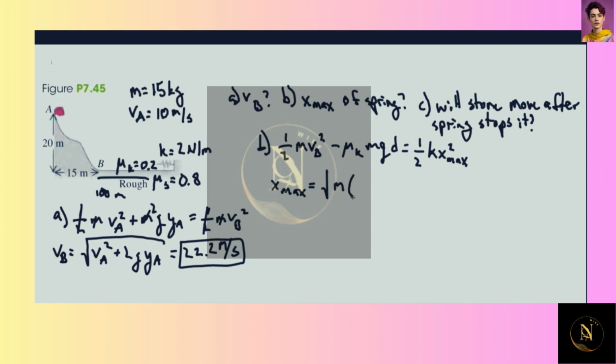can factor an m out, we have a v_b squared minus 2, so we're going to multiply everything by 2, mu_k g d.